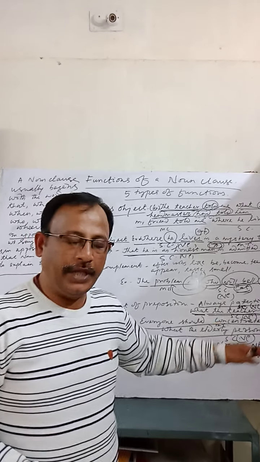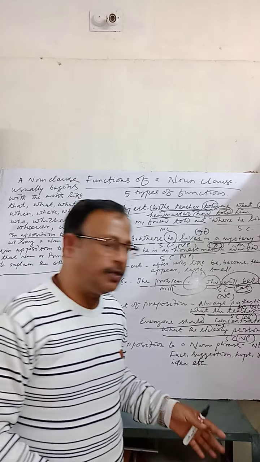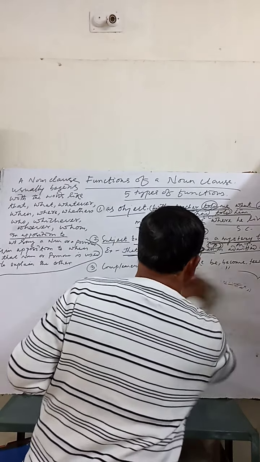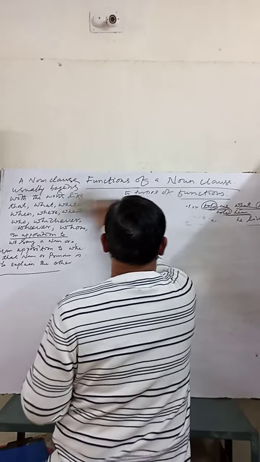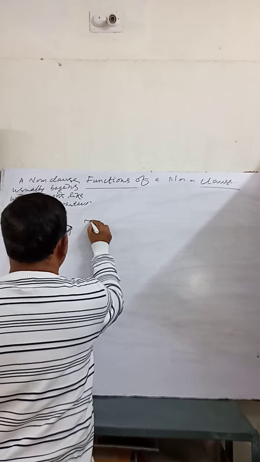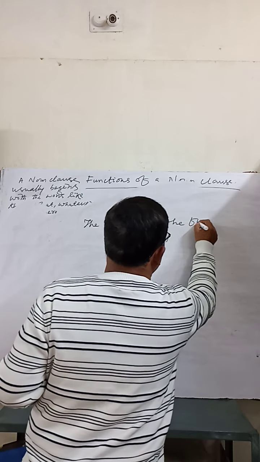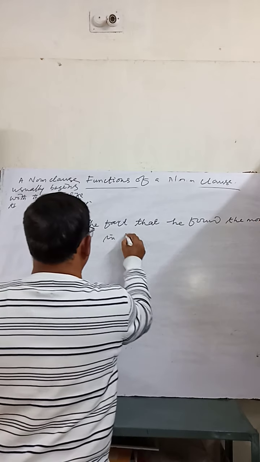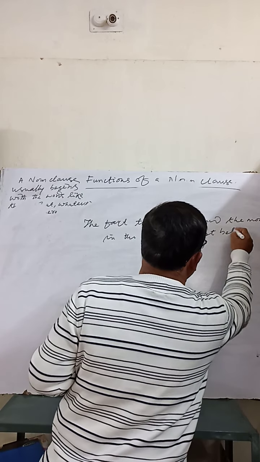After those actually the noun clause comes, and what we say, the noun clause is in apposition to all these noun phrases. For example, we can write another example of this in apposition to a noun phrase. What is the example? Let us see. I am writing that one here: the fact that he found the money in the street is not believable.